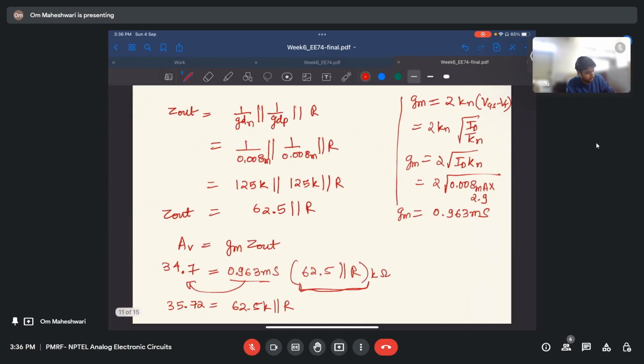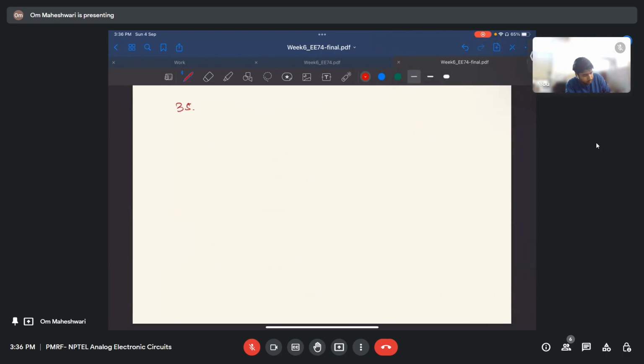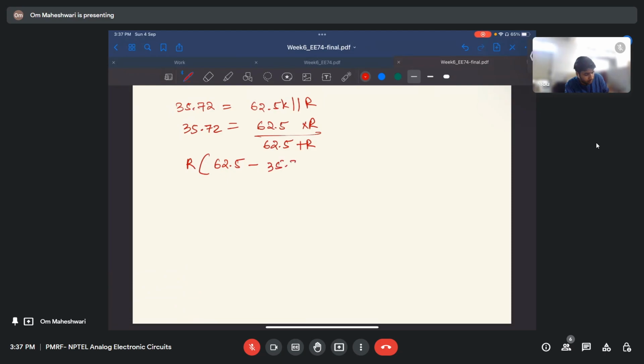So 62.5 K parallel R equals to 62.5 K into R, let's omit K for now, over 62.5 plus R. So 35.72 times (62.5 plus R) equals 62.5 into R. So R times (62.5 minus 35.72) equals 62.5 into 35.72.